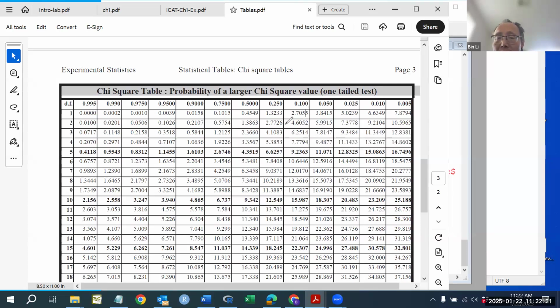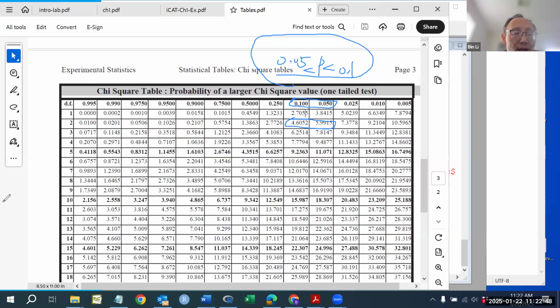Go to the top row, that's the probability on the right side. So the p-value is between 0.05 and 0.1.